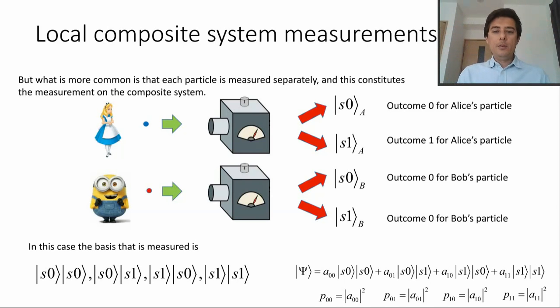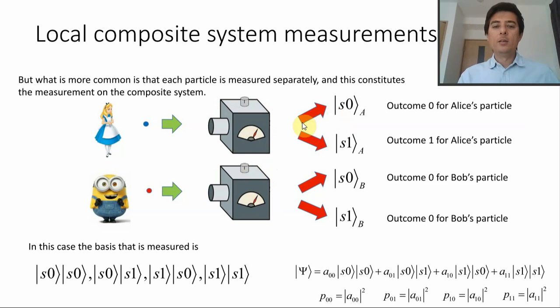So a much more common situation is that Alice and Bob each have their particles. Each of those particles goes into a measurement machine, and if these were qubits, there would only be two measurement outcomes for each machine, because you're measuring a single particle.